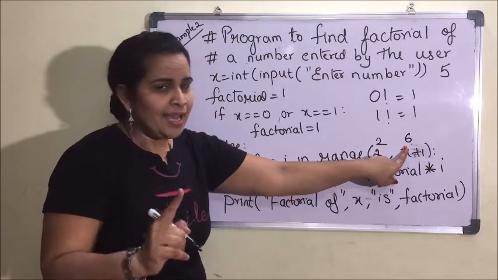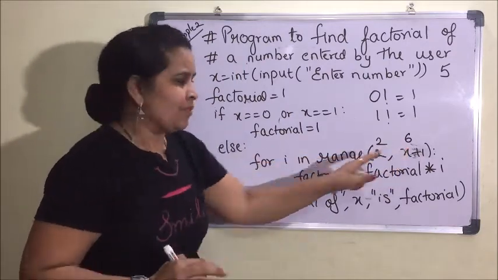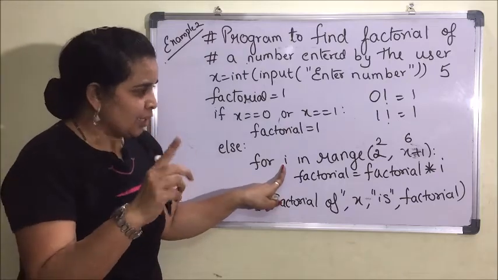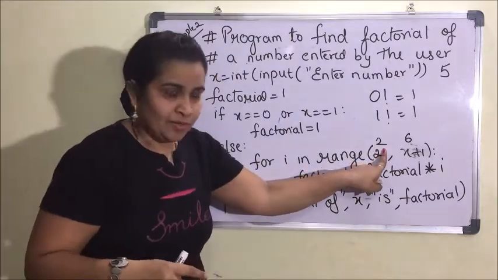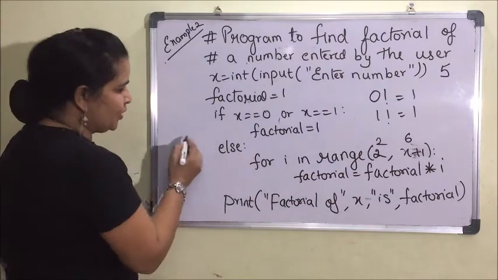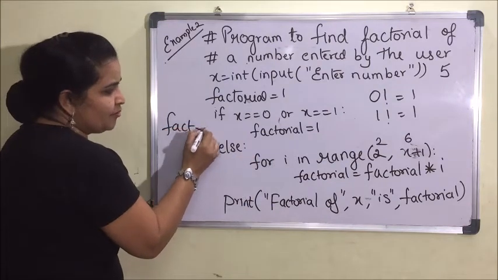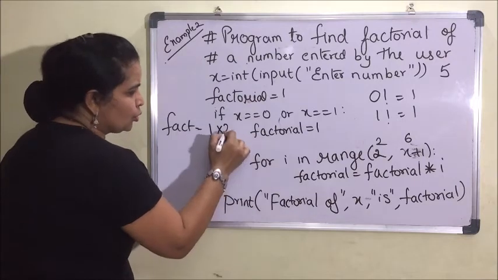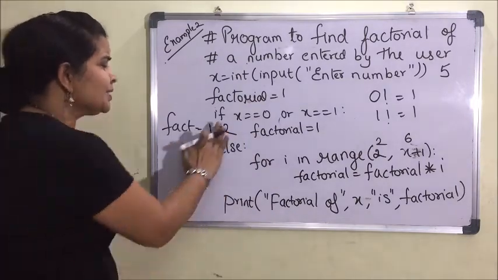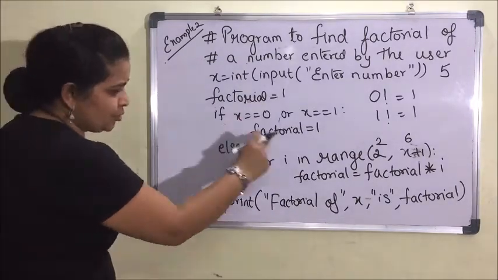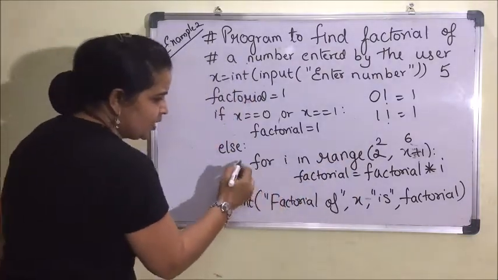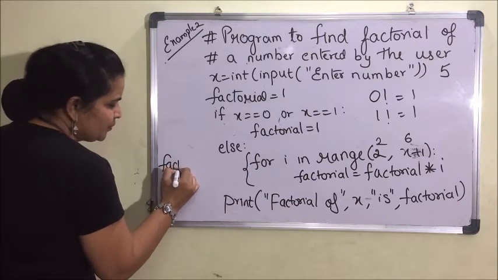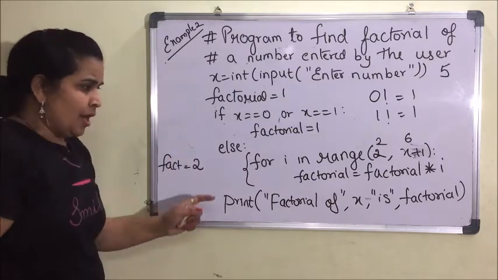Initially the value of i will be 2, because it is starting from 2, so factorial will be factorial into i, that is 1 into 2. After the execution of the first iteration, factorial will be 2.